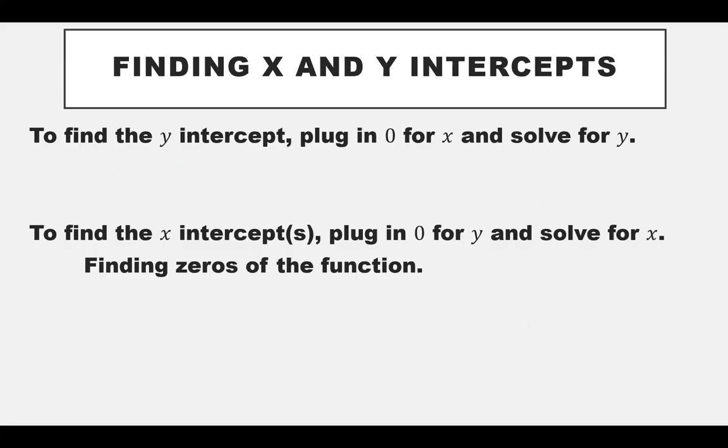Now, I've said a lot about x and y intercepts, but because a y-intercept has the form 0 comma y, in order to find the y-intercept, all I have to do is plug in 0 for x and then solve the equation for y.